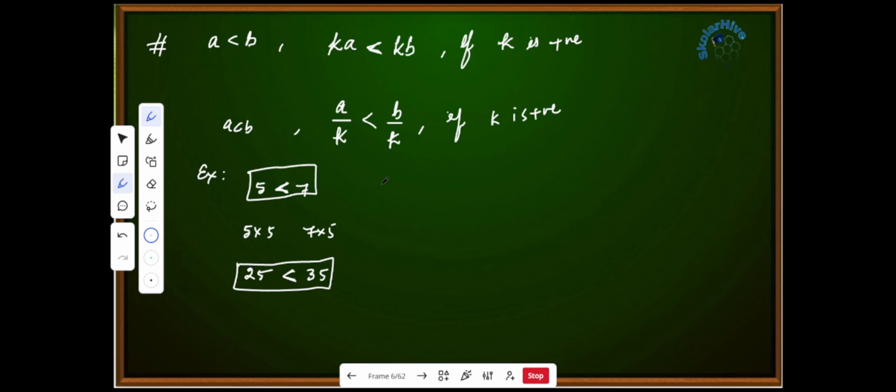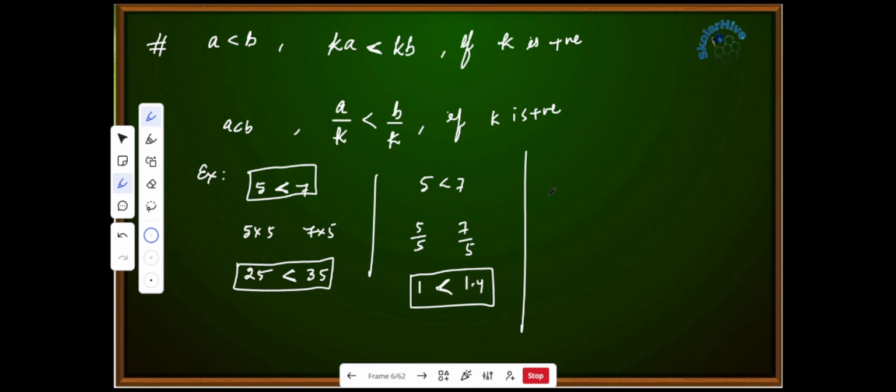The same is applicable for division also. 5 less than 7, when we divide it by 5 on either side, 5 by 5 and 7 by 5, so 5 by 5 is 1, and 7 by 5 is 1.4, right? So 1.4 is obviously greater than 1. So here also we have seen that upon division by the same positive quantity, the key thing is what number we have divided, 5, which is positive. That's why the inequality sign does not change.